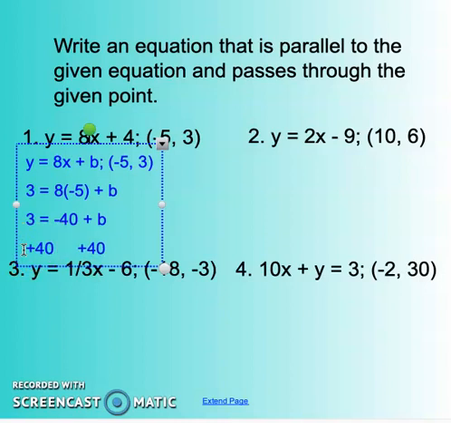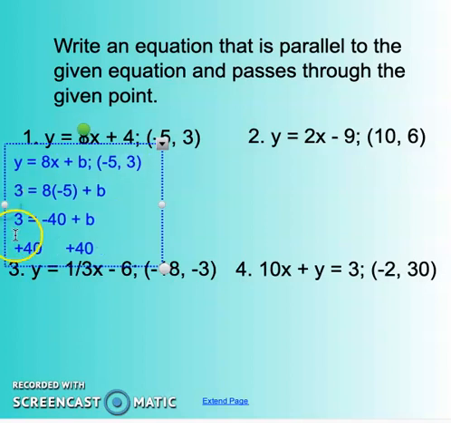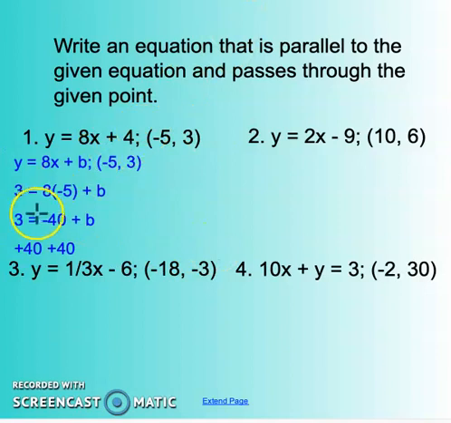So we are taking 3 plus 40 in order to solve this, and this -40 plus 40 just disappears. So I can draw a line through it and it's gone. And so our answer then is b is equal to 3 plus 40, which is 43.